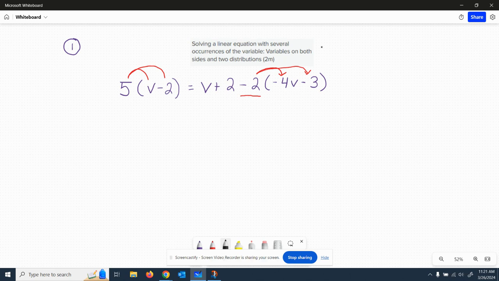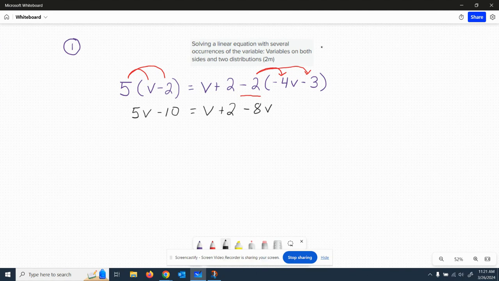First thing I'm going to do is distribute. 5 times v is 5v. 5 times negative 2 is negative 10 equals, we can just bring down this v plus 2. Now negative 2 times negative 4 is going to give you negative 8v.